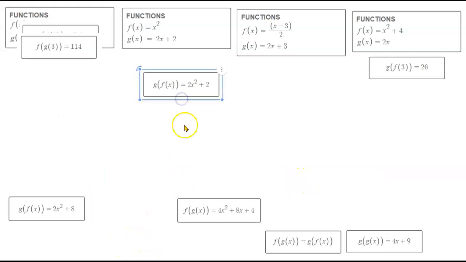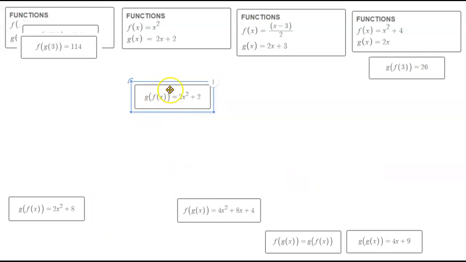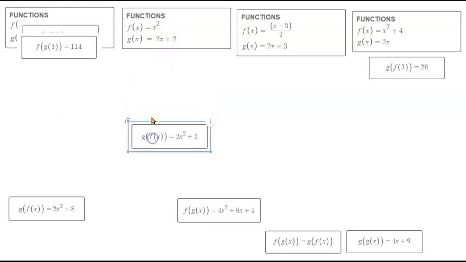Let's try this one. g of f of x. So if I take f of x and put it in for x, I'm just substituting it straight in. Okay, sorry about that. You gotta jump in the video here.